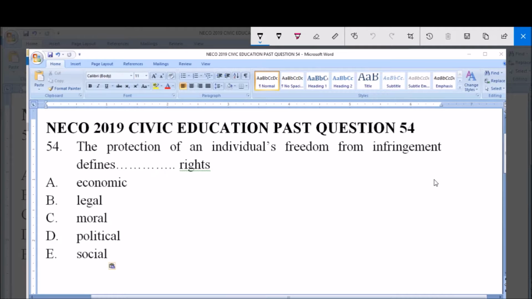Question number 54 says, the protection of an individual's freedom from infringement defines dash rights.